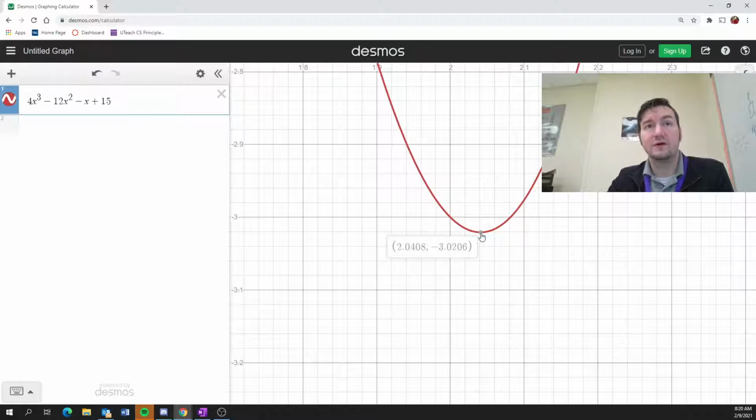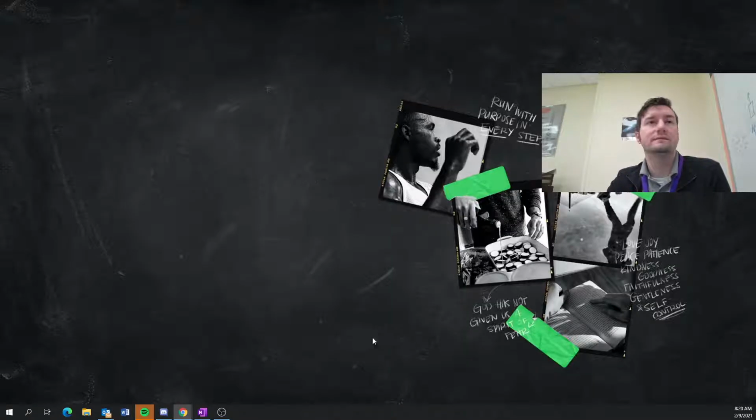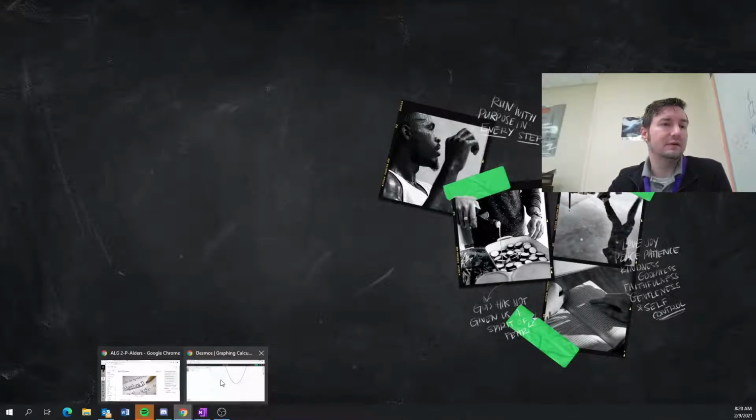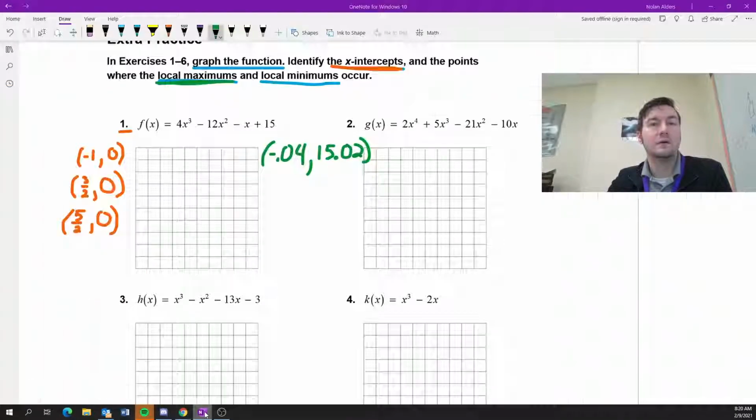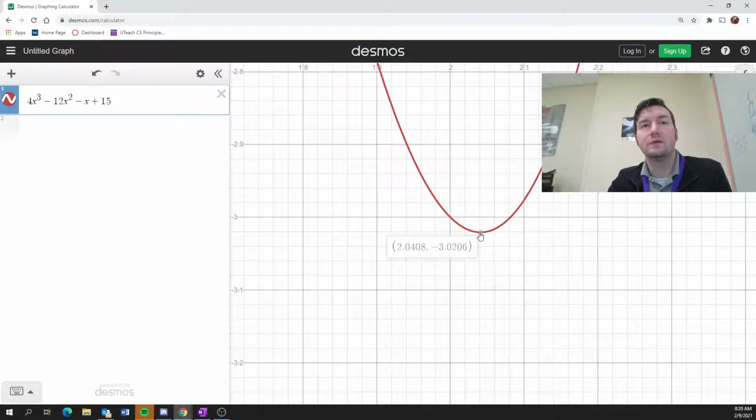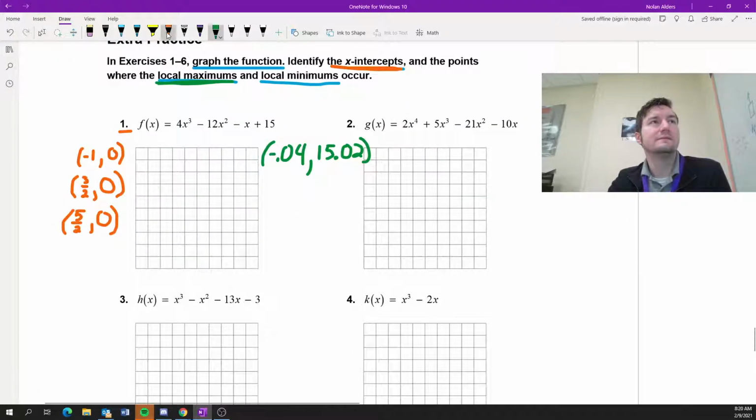So 2.04, negative 3.02. So that's our minimum.